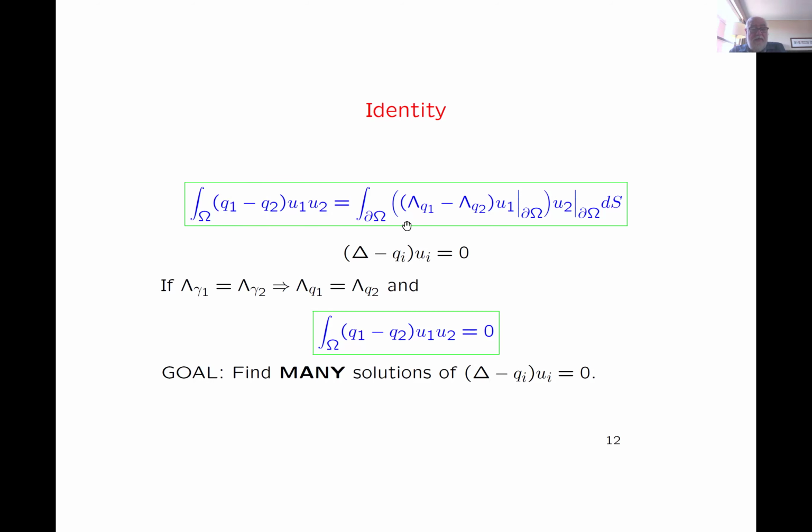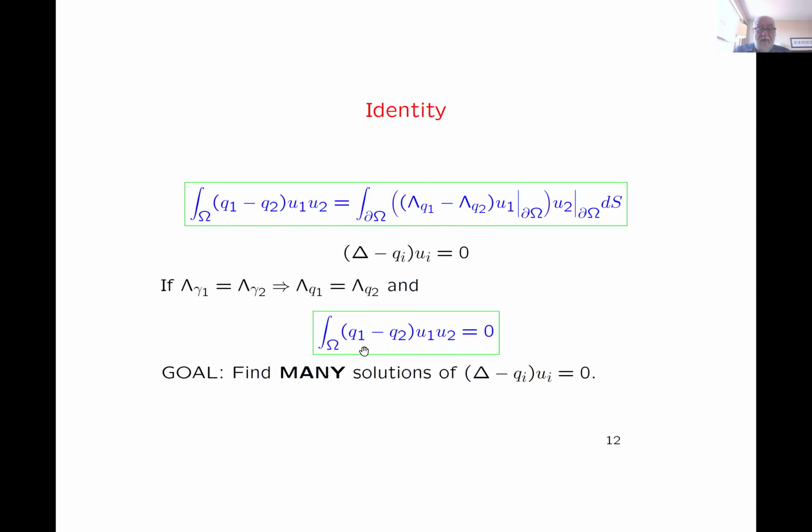So, for instance, for uniqueness, of course, this is 0. Lambda Q1 equal to Lambda Q2, this is 0. But for stability, you apply the same type of ideas. I mean, if these are close, then you will prove that the potentials are close in some sense. And for the reconstruction method, if Q2 is equal to 0, for instance, then you can have a formula to relate the information inside to the information on the boundary. This is a very useful identity.